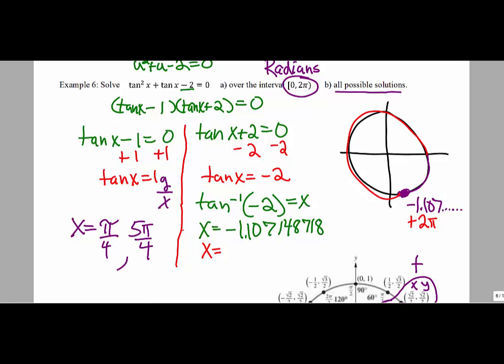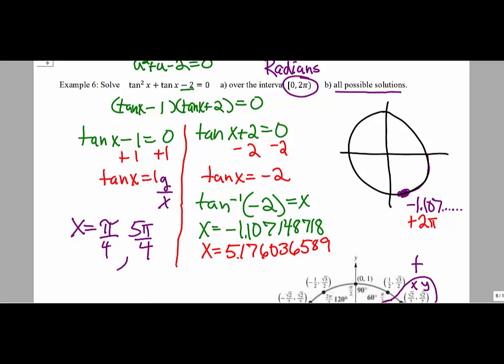So when I add 2 pi in my calculator, I get 5.176036589. Okay, so there's that angle. There's one of our solutions.